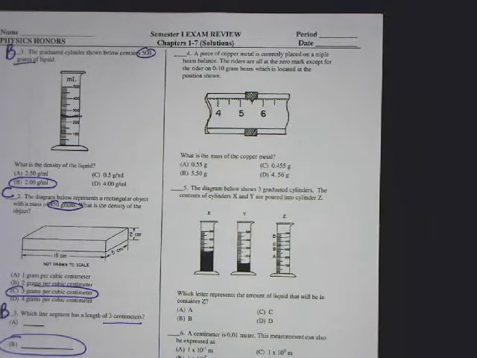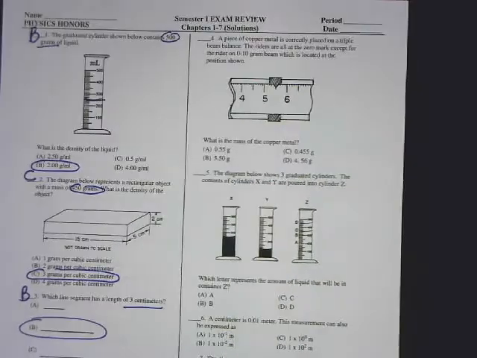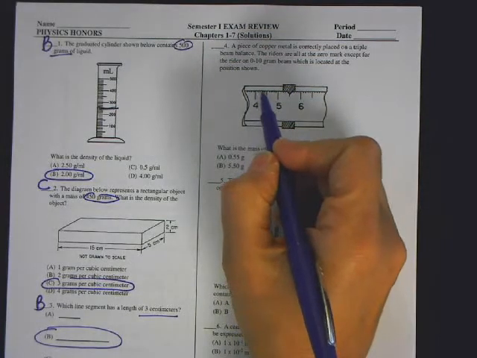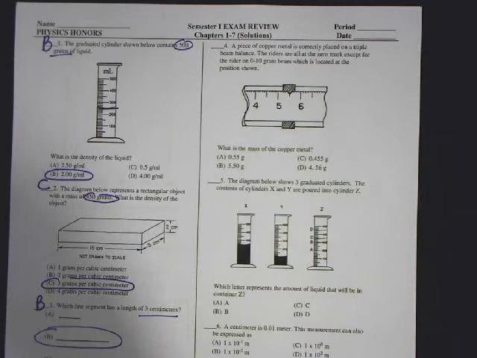Okay, number 4. It says a piece of copper metal is correctly placed on a triple beam balance. The riders are all at the 0 mark. So we've used triple beam balances throughout the year when we do labs, so we know how to properly read the instrument. When we read any instrument, the way to read it properly is you read to the smallest division, which are those teeny lines, and then you approximate between the lines.